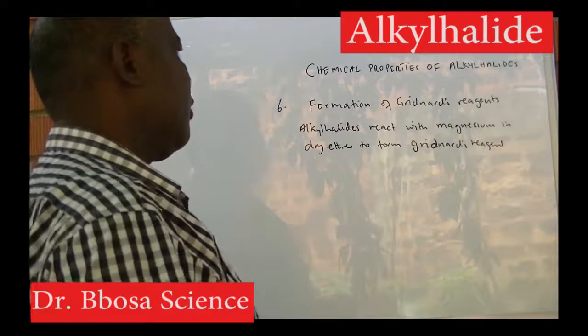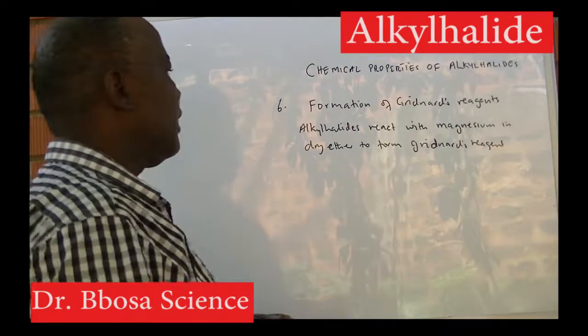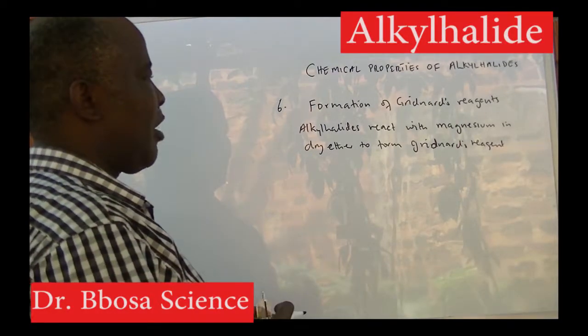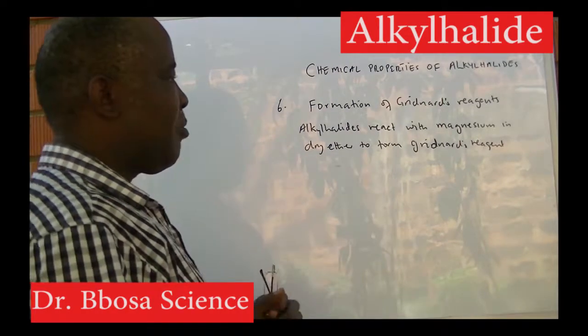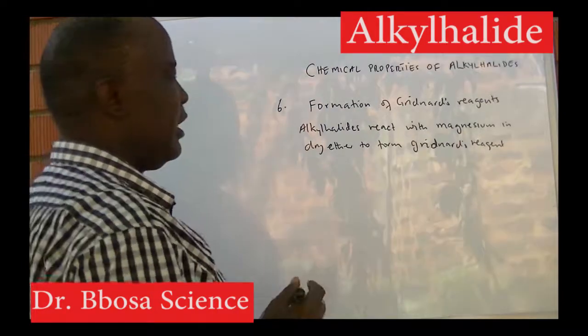6. Formation of Grignard's reagents. Alkyl halide reacts with magnesium in dry ether to form Grignard's reagents.